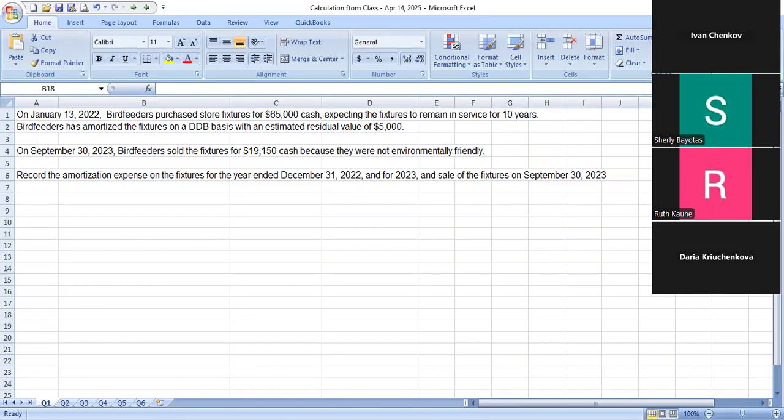This will be a question from chapter 10, obviously, since we're talking about long-term assets. Let me find something similar to this, and we're going to continue with this.